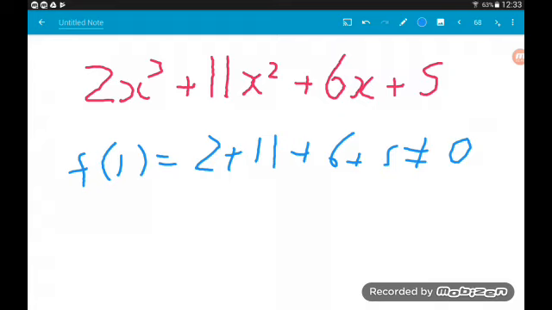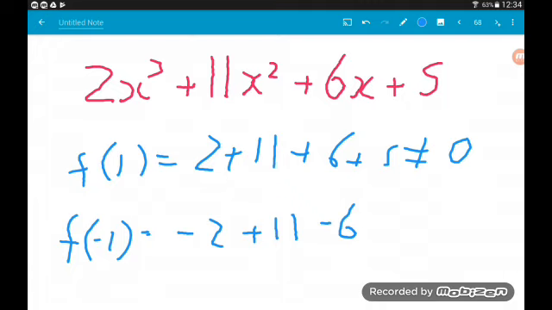The next thing we want to try, f of minus 1. So, that's going to be a little bit trickier. Minus 1 cubed is minus 1, so times 2 is minus 2. Minus 1 squared is 1, so then we got plus 11. And then we got 6 times minus 1, which is minus 6.